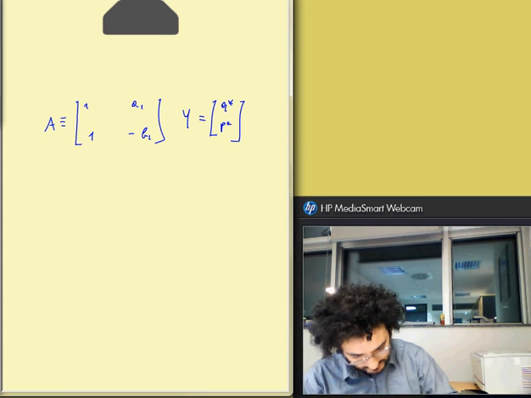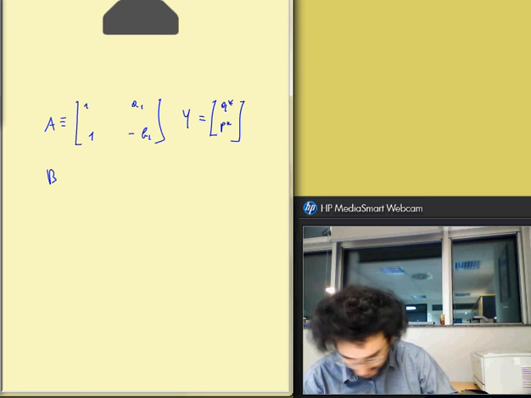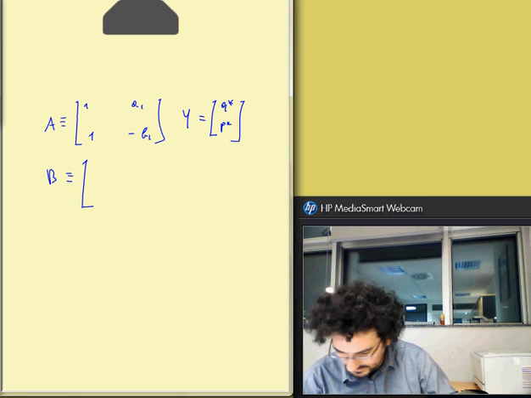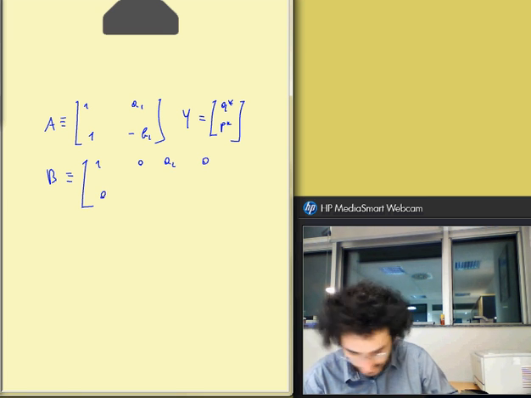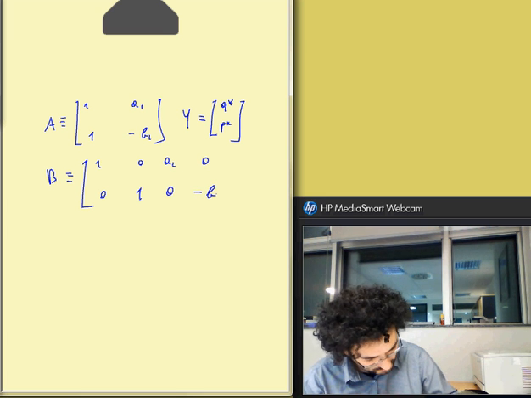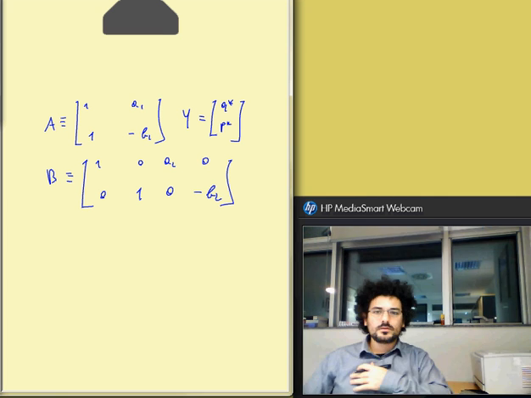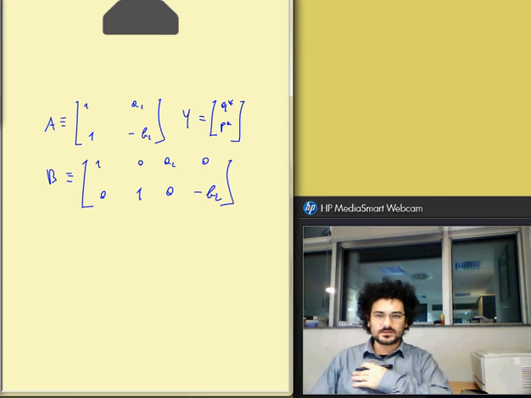Then we have the matrix B defined as 1 0 A2 0, 0 1 0 minus B2. These are the coefficients of exogenous variables.